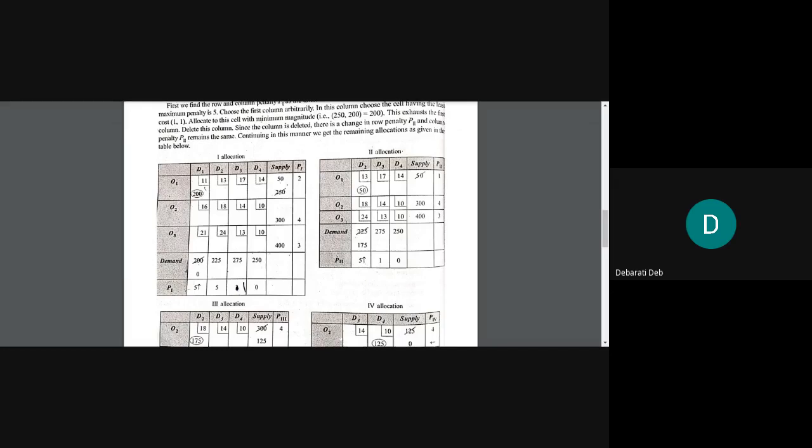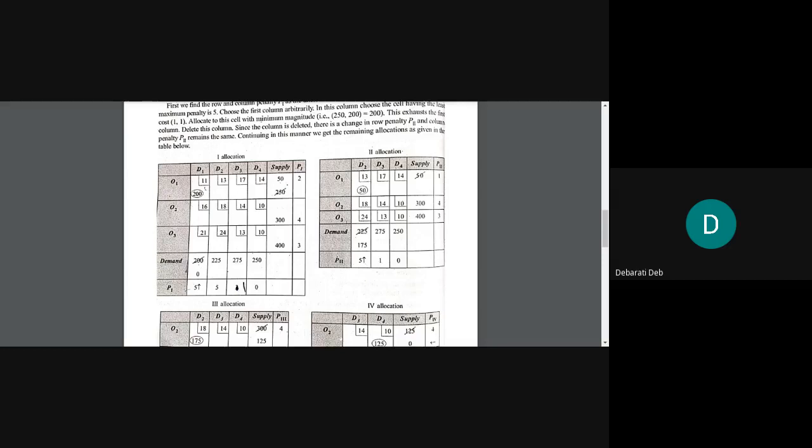That means after supply also you are writing P1 and after demand also you are writing P1. So in both the sides you will have to write the difference between the second lowest and the lowest cost. Ignoring the negative sign, you will not mention a negative sign, because that subtraction is the lowest cost from the second lowest cost, so it should always be positive.